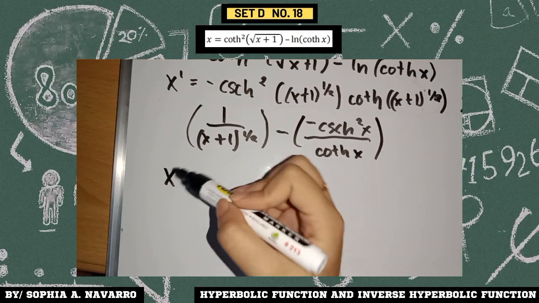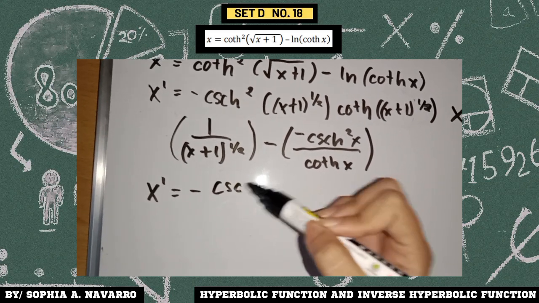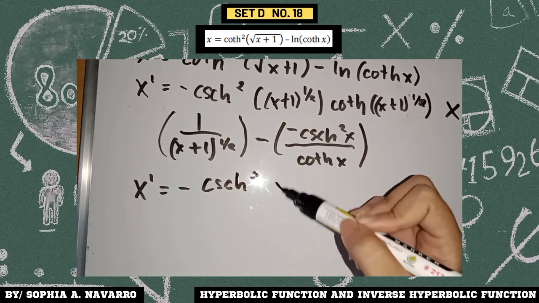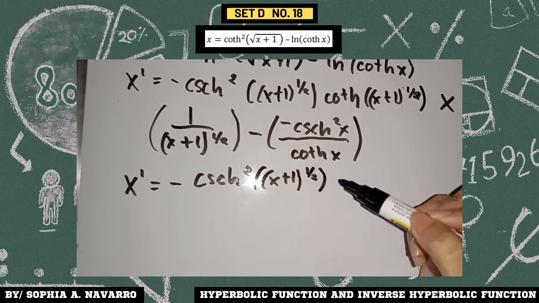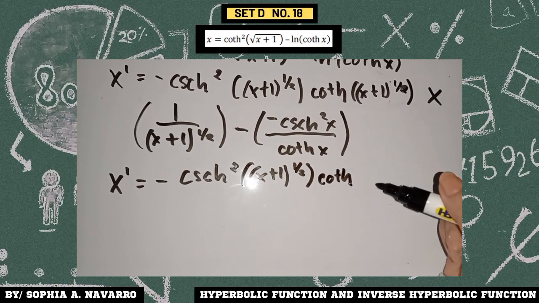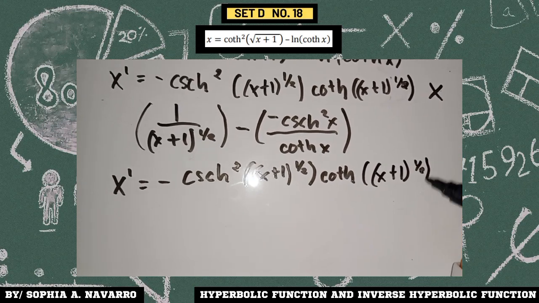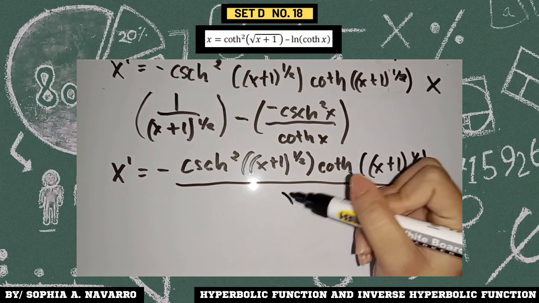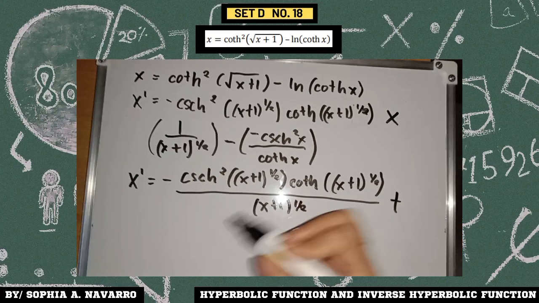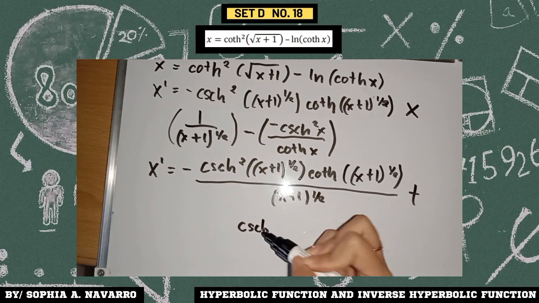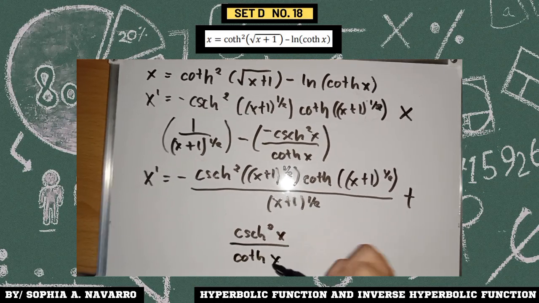And the final answer is x prime equals negative csch squared of x plus 1 to the power of 1/2, times coth of x plus 1 to the power of 1/2, over x plus 1 to the power of 1/2, plus csch squared x over coth x.